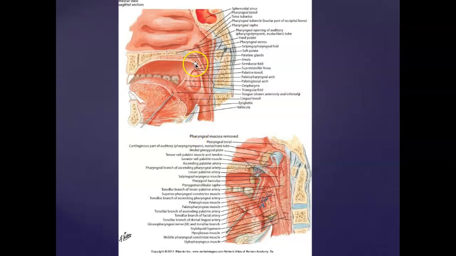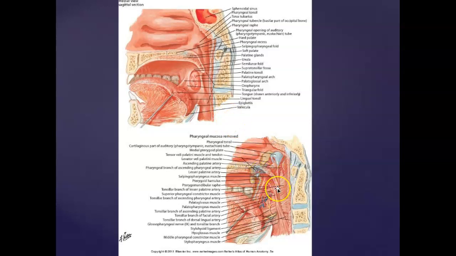Remember that the palatine tonsils are found within the arch. You've got a palatoglossal part of the arch here, this anterior portion, formed by the palatoglossus muscle from the palate to the tongue. And then you've got the posterior arch here, this palatopharyngeal arch or pillar. This is formed by the palatopharyngeus muscle from the palate down to the pharynx.